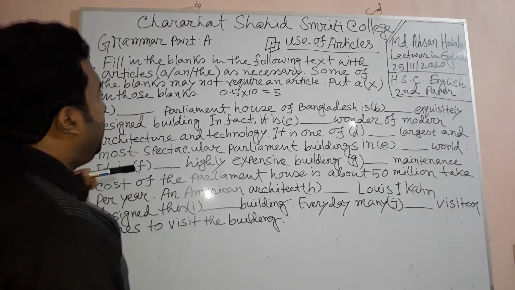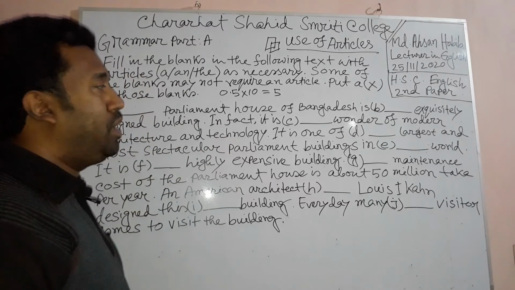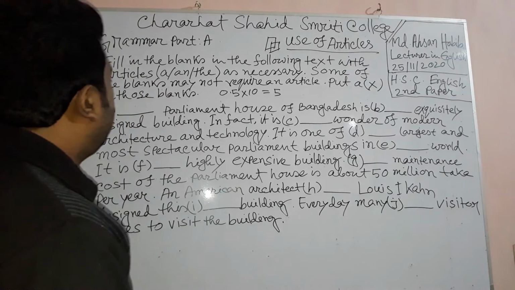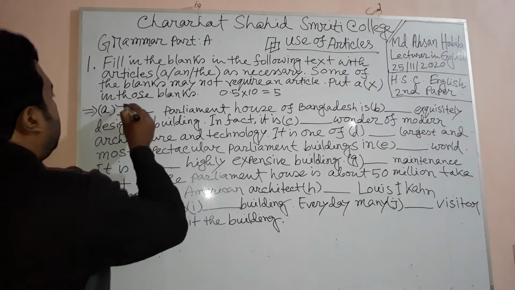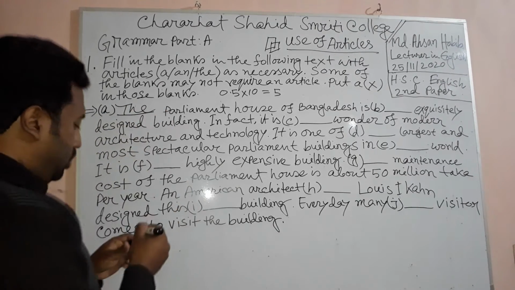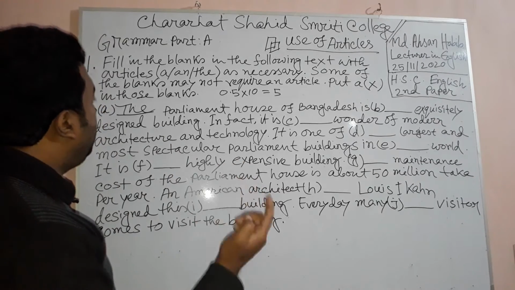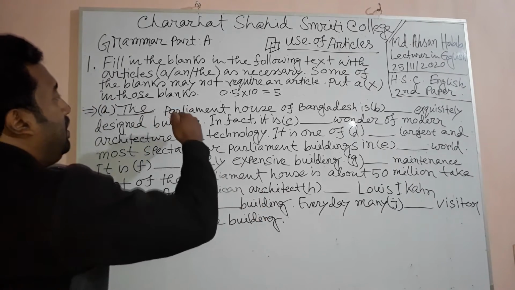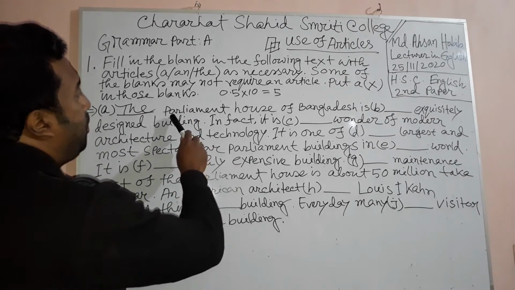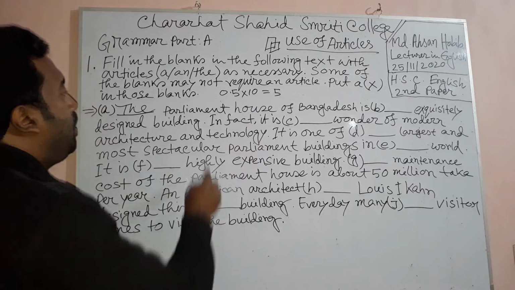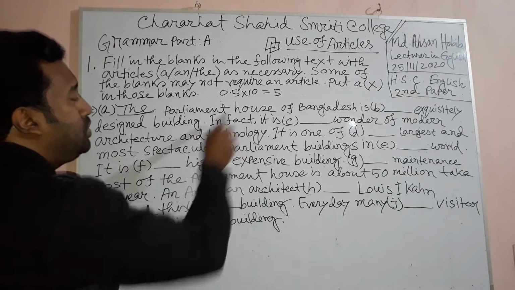So I am saying the Parliament House. Why am I saying the Parliament House? The answer will be the. So you have to think why we put the in this place. Because Parliament is a noun and house is also a noun.